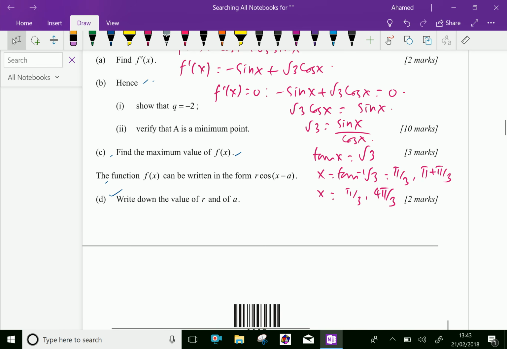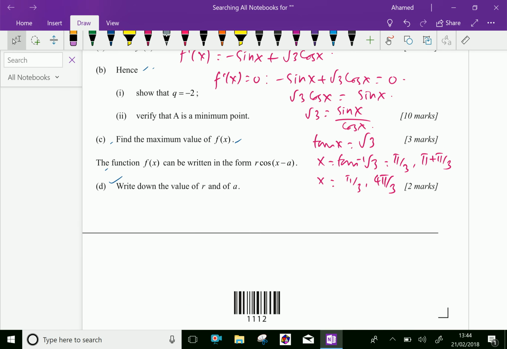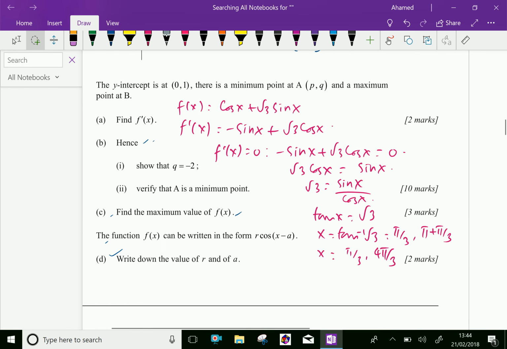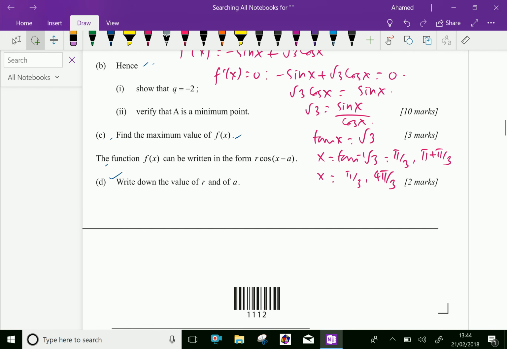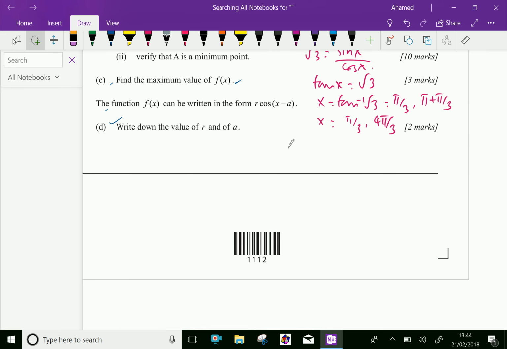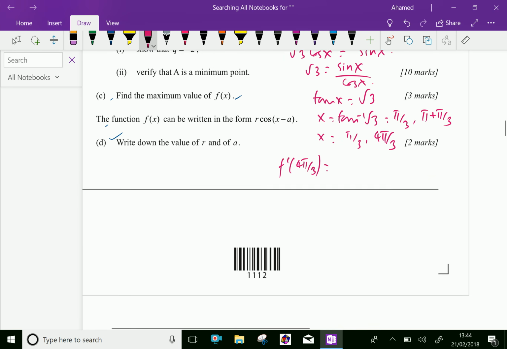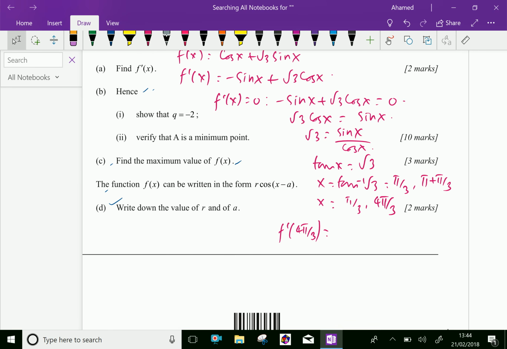Now after that, substitute the value of 4π/3, because its lowest point is between π and 2π, in f'(x), that is f'(4π/3), which gives minus sin 4π/3.